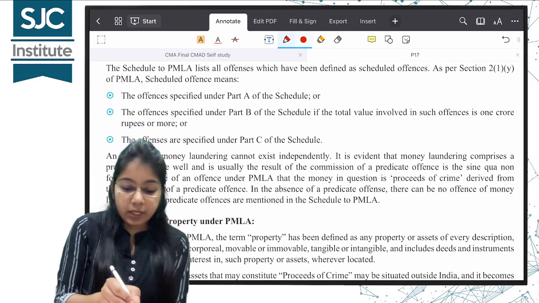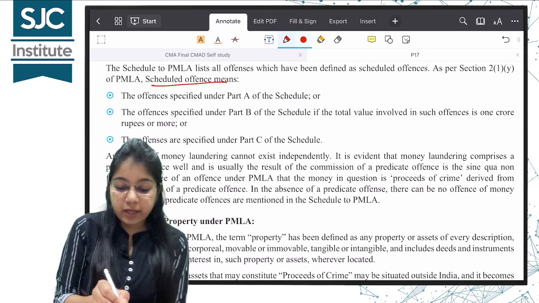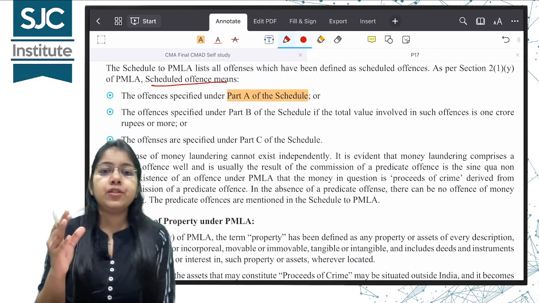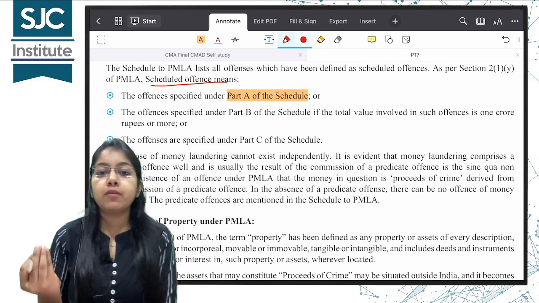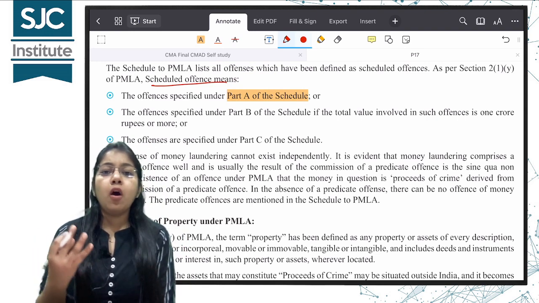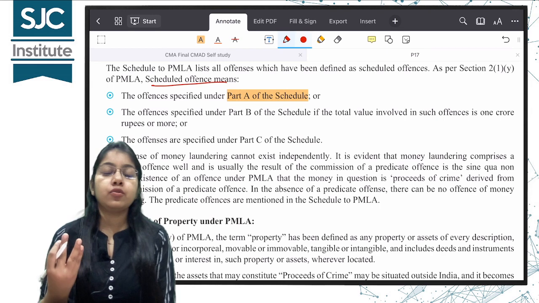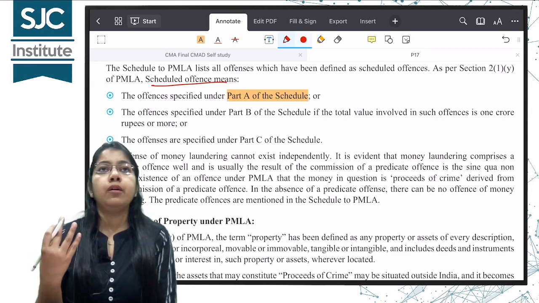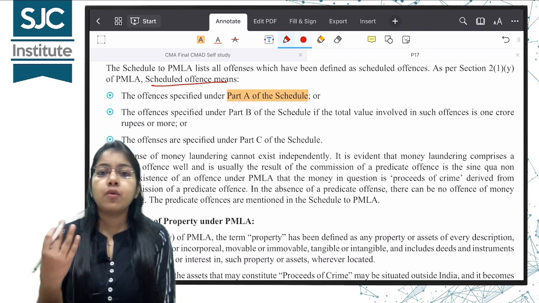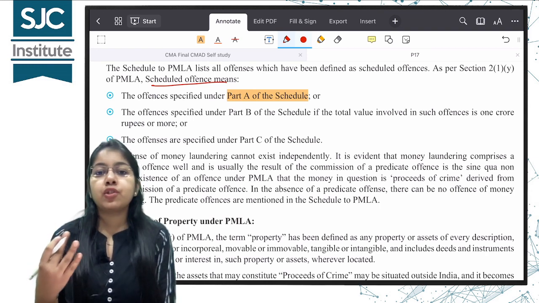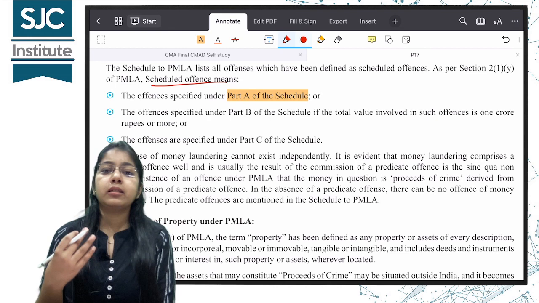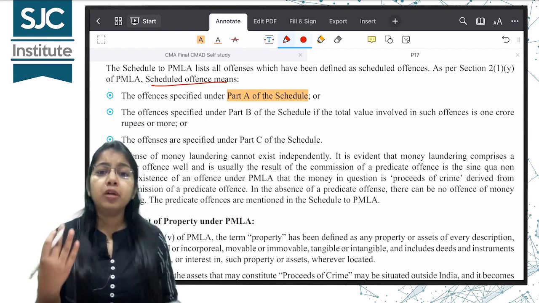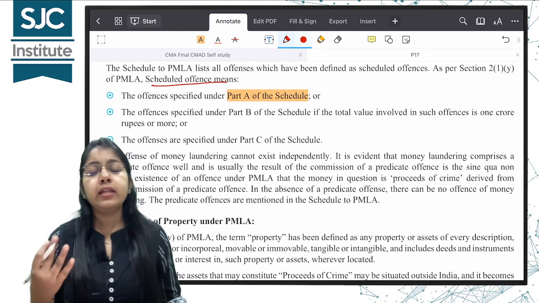The list of the scheduled offences means the offences specified under part A of the schedule. If I just give you a brief idea of what offences are there in part A, all types of offences related to narcotics and drugs, okay? Then your Companies Act is also covered, Wildlife Protection Act, Environment Act, Act against corruption, murder, bribery, all these types of acts.